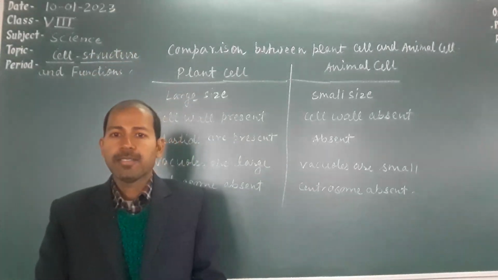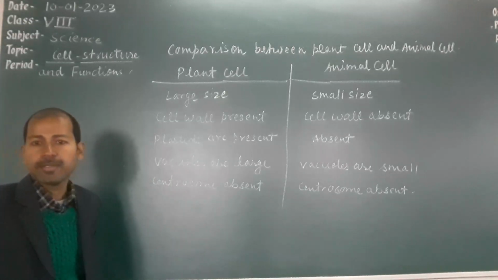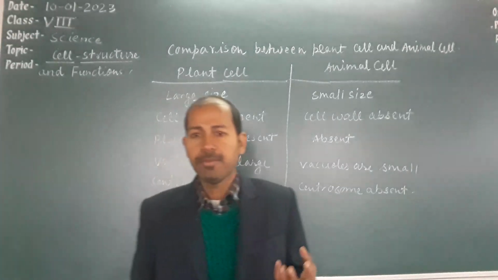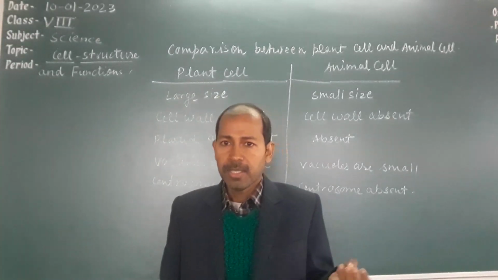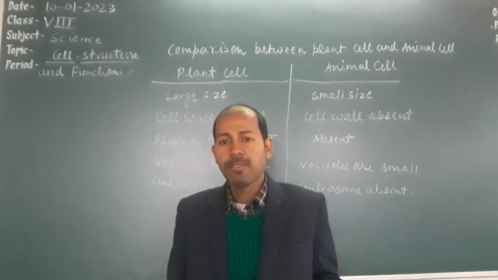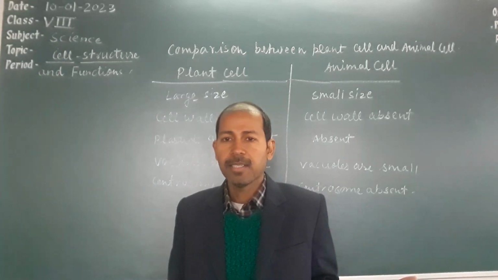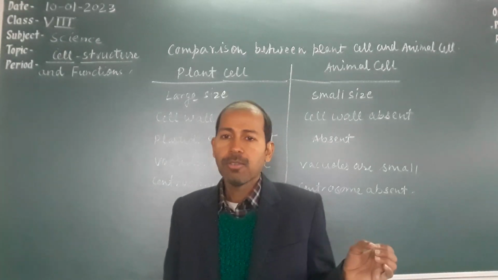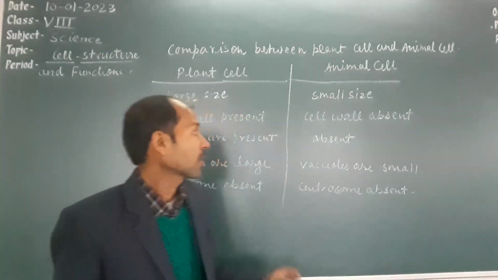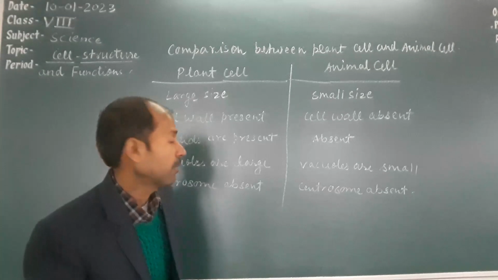Now I will discuss the comparison between the plant cell and animal cell. You have read about the different parts of the cell such as cell membrane, cytoplasm and nucleus. In cytoplasm you have seen different types of cell organelles. So now I will discuss the comparison between the plant cell and animal cell.